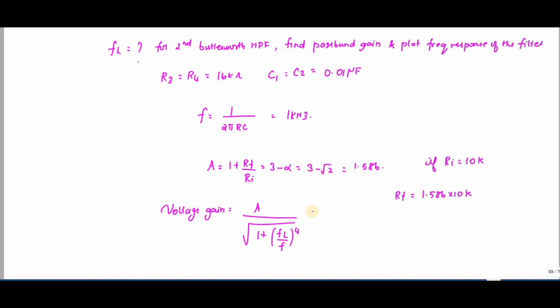So this is 1.586 divided by the root of 1 plus (f_L, which I have already found as 1K, divided by f) to the power 4.